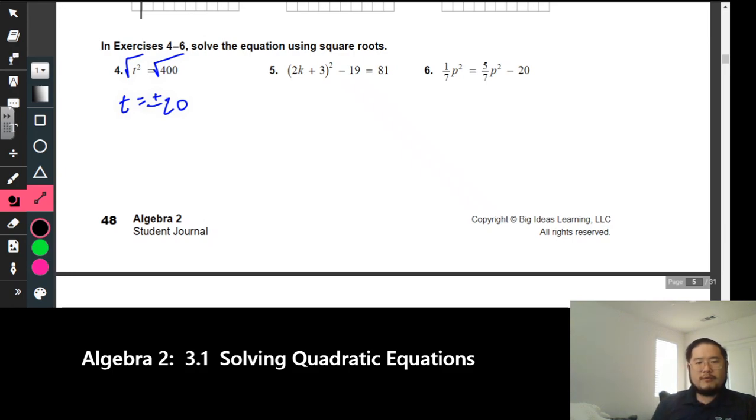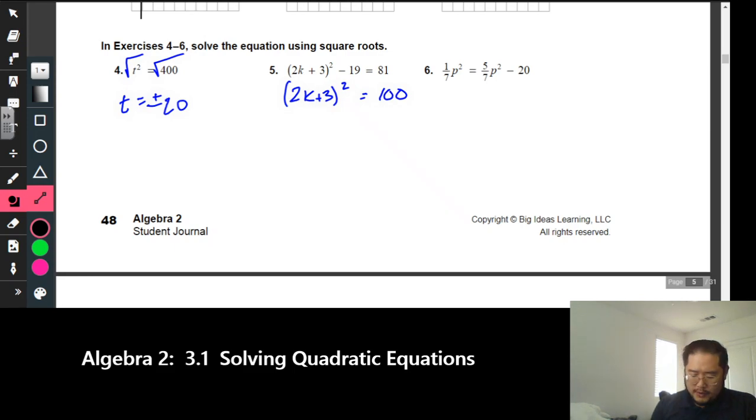Take a look next up at number 5. Step 1 is not square rooting. That should always be your last step, when you have everything isolated. So right here, we don't have the variable isolated, so let's move the 19 over by adding it to both sides, and we now have 100.